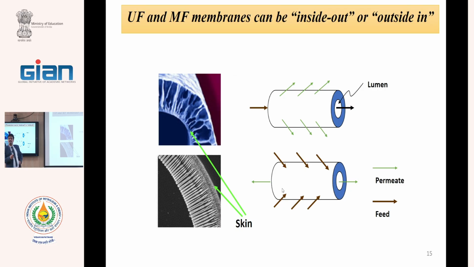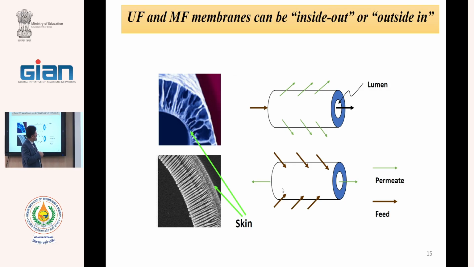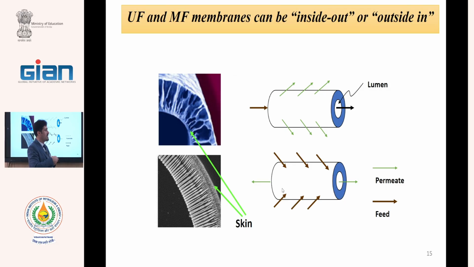And we have a selective layer. In the flat sheet, we say that top layer is selective layer and bottom is support. With control of conditions, we can produce the selective layer inside or outside of the membrane. With control of bore fluid conditions or coagulation bath conditions, we can produce the selective layer inside or outside.